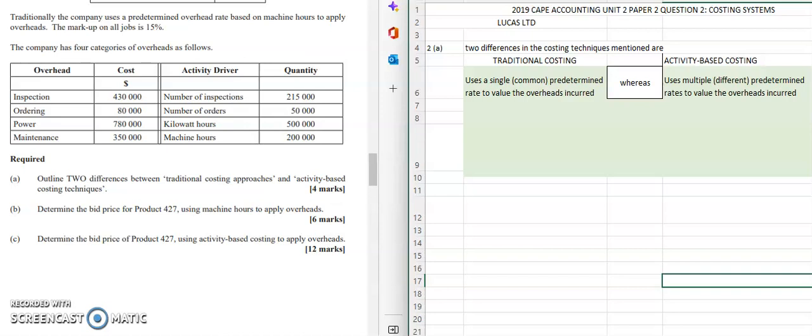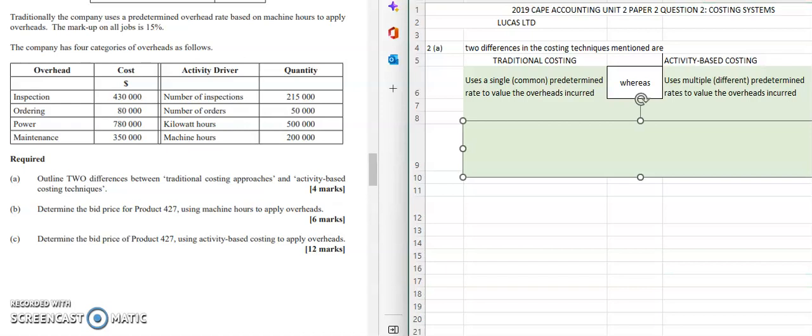Whereas the activity-based costing uses multiple or different or a variety of predetermined rates to value the overheads incurred during the production. So one difference is a singular rate versus multiple rates.